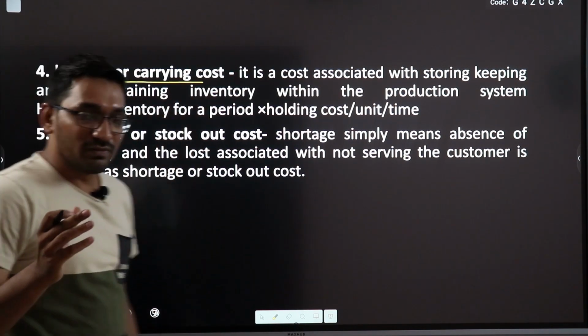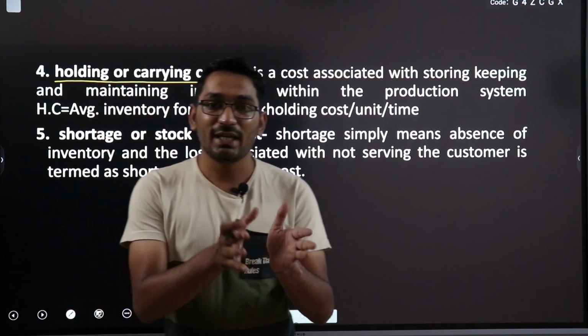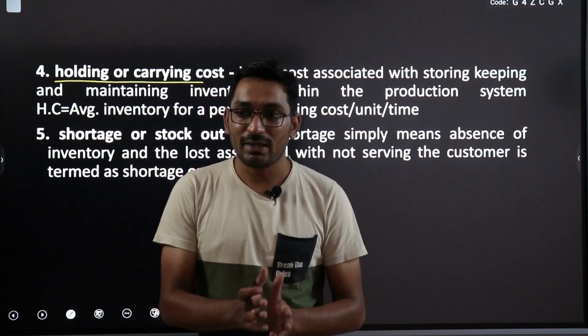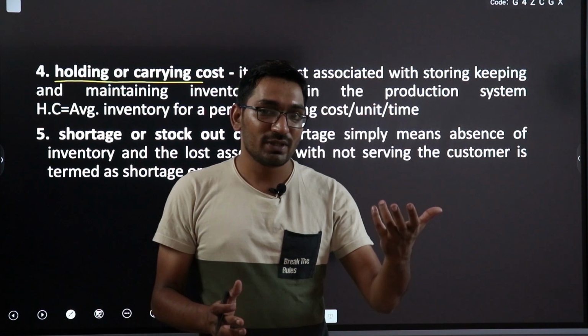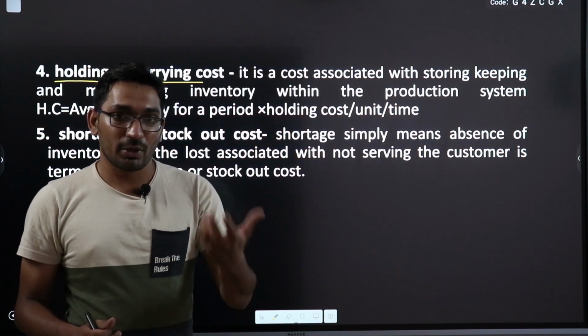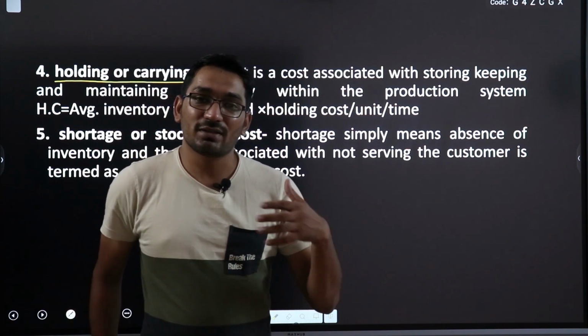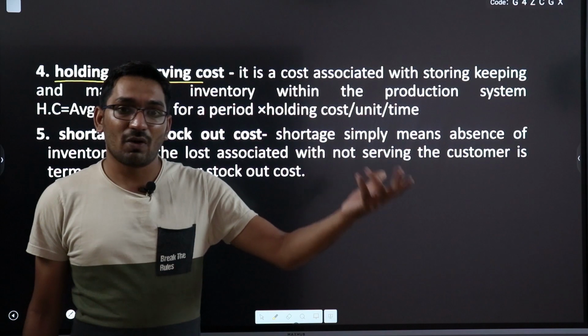Some of the costs associated with inventory: suppose for holding an inventory you need a storeroom, right? For the material or product whose inventory you are maintaining, you will need some insurance, so some insurance cost will be there.